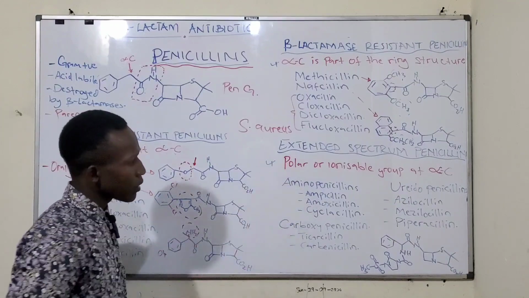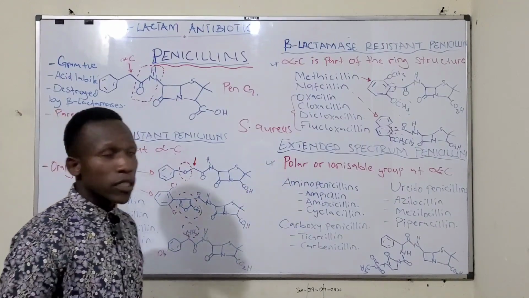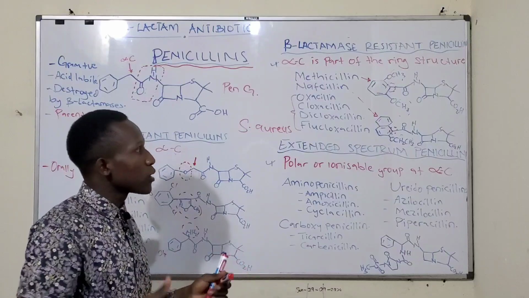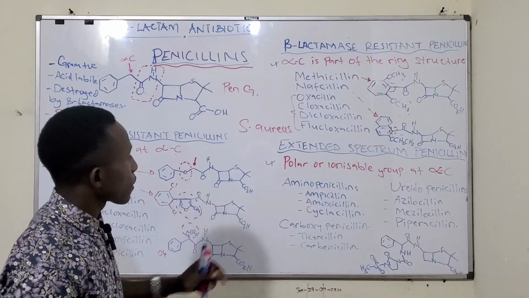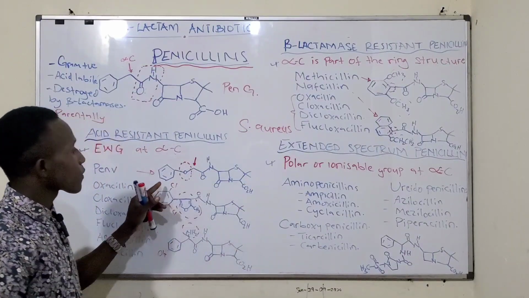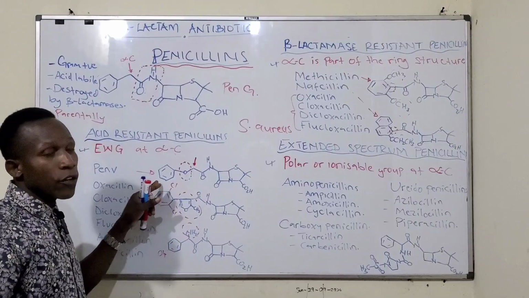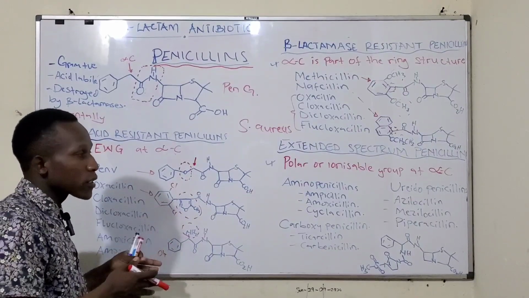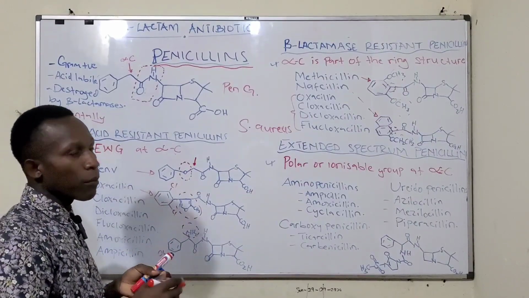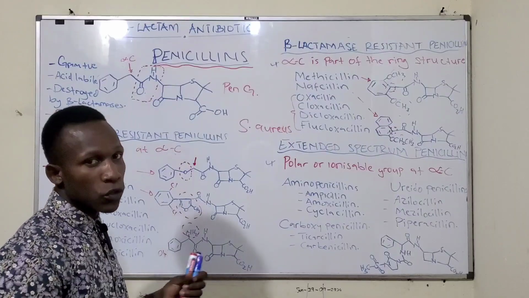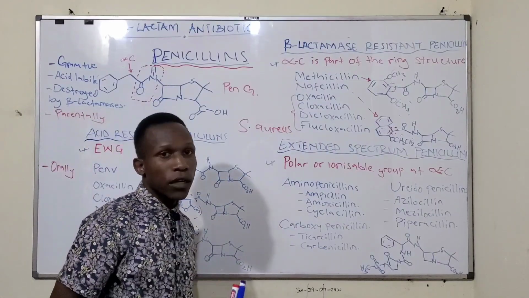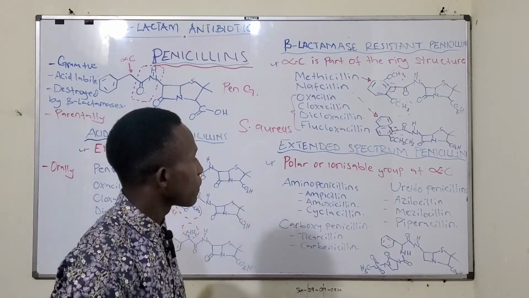Then for extended spectrum, those penicillins which can act on both gram positives and gram negatives, meaning that we have to retain the hydrophobic part for gram positives, but making it more polar such that it can also penetrate the membrane of the gram negative bacteria.